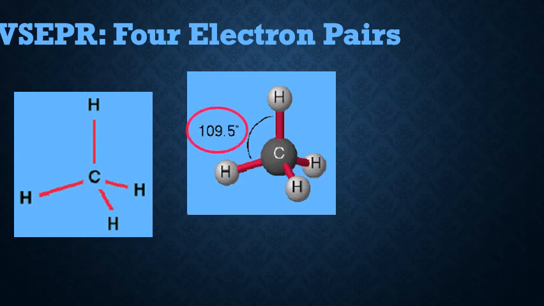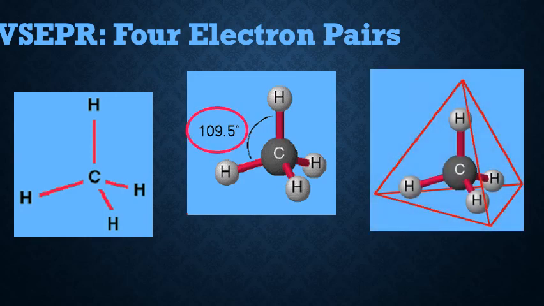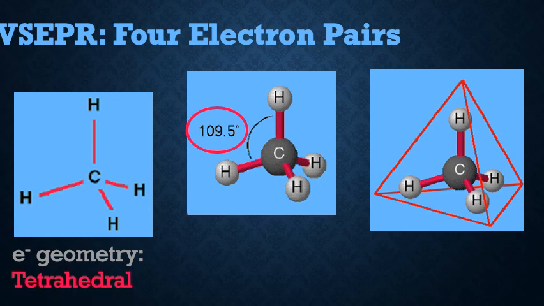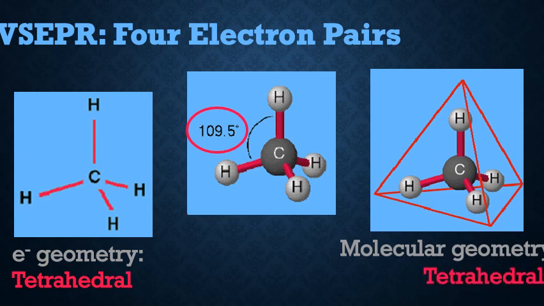Yes, you need to know that. Its shape comes from the faces of the tetrahedron. The electron geometry for methane is tetrahedral. The molecular geometry for methane is also tetrahedral. Because there's no lone pairs on the central atom, both the geometries are the same.